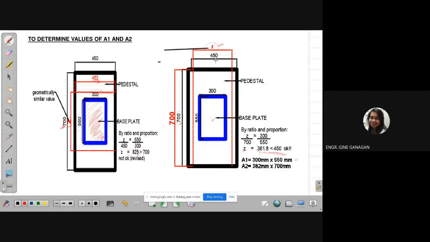So, ngayon, pag pasok na siya, ang kukunin yung maximum area na geometrically similar to and concentric with the load area, yung area ng base plate natin, is equal to 382 by 700. Okay, so yan yung magiging area 2 natin. So yung C and then yung 700. Okay?